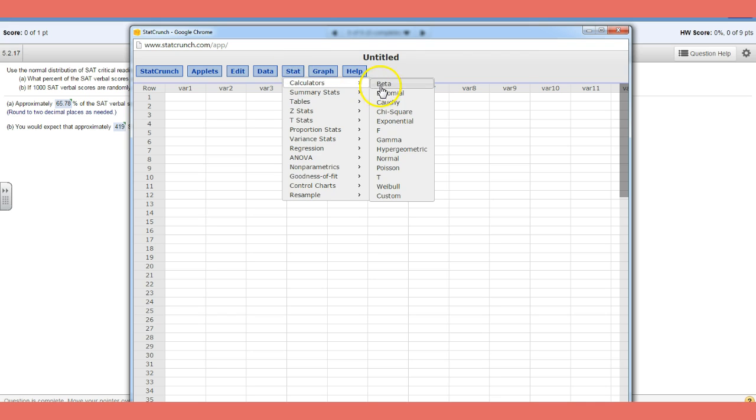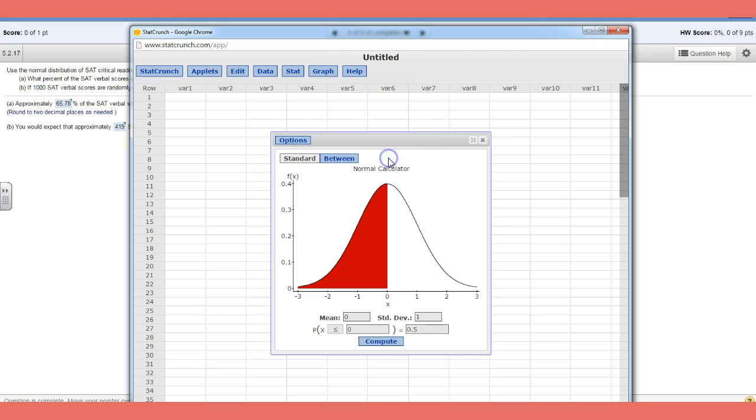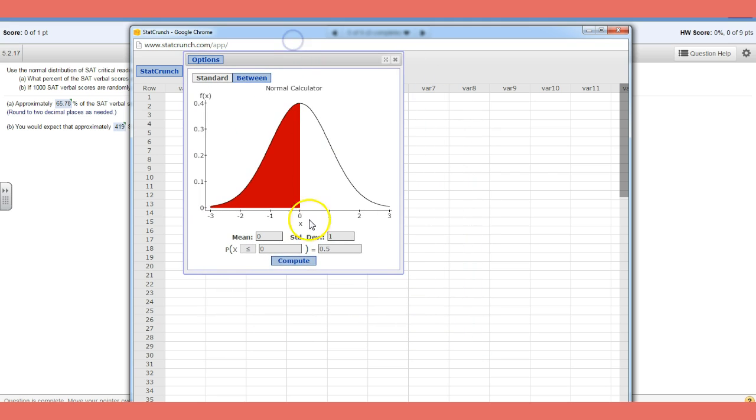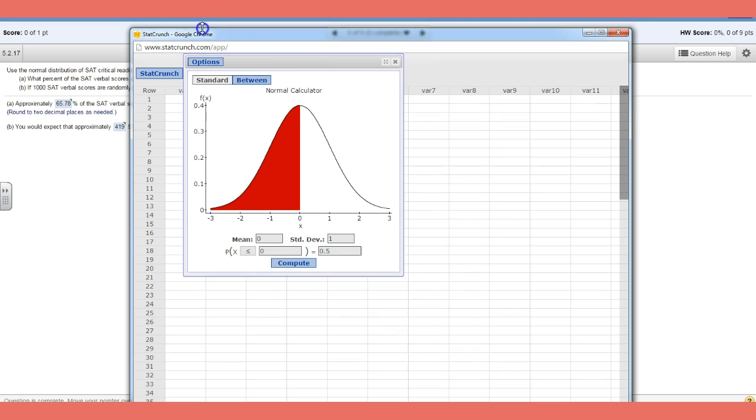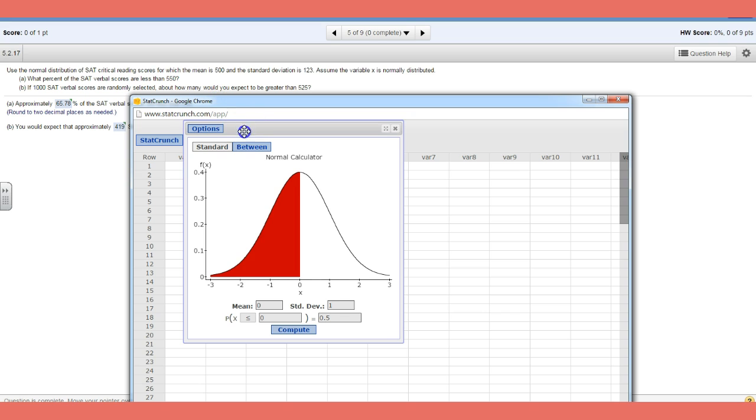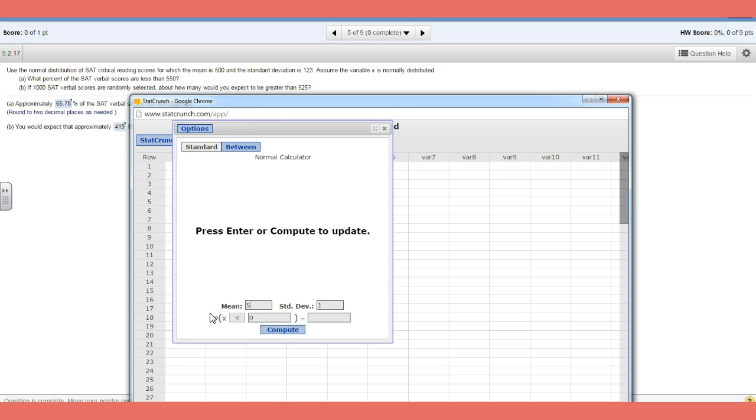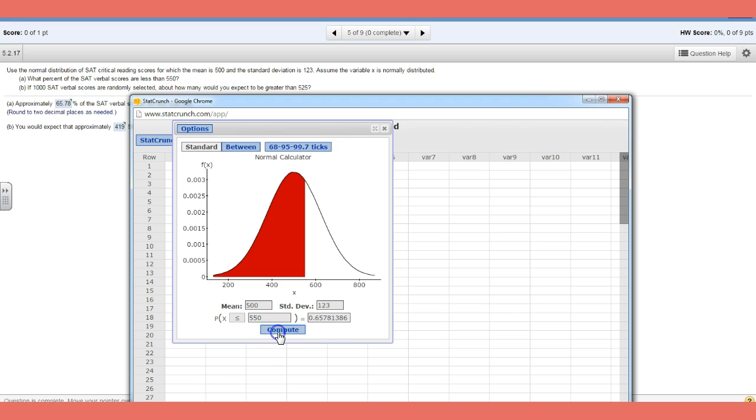Stats, Calculators, and Normal. The mean is 500 and standard deviation is 123. Less than 550. And I'm going to click compute.